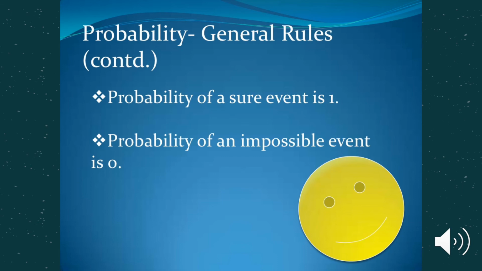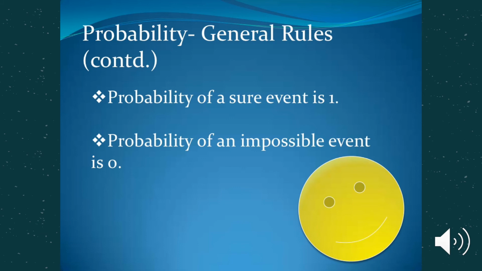Tell me, what will be the probability of getting a number less than 7 in a dice? It will be 1 because we will either get 1, 2, 3, 4, 5, 6. All these numbers are less than 7. So this is called a sure event, that definitely it will occur. Sure event means definitely it will occur.